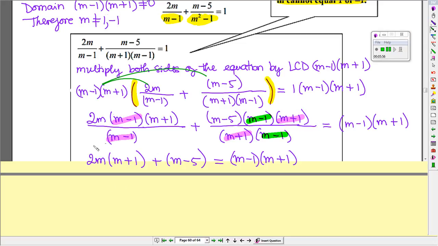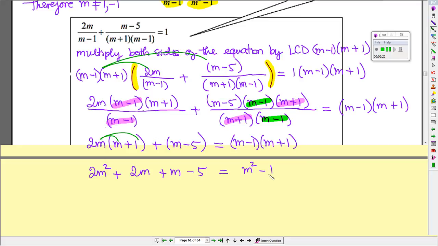Next, we distribute the 2m to the two terms inside the parentheses, giving 2m squared plus 2m. The plus sign in front of the second term means the sign stays the same, so plus m minus 5. On the right side, this is a special product, which gives m squared minus 1.